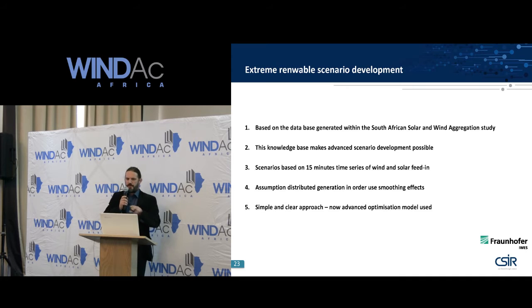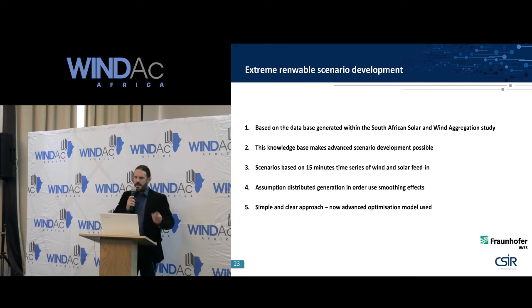The assumption we drew for the following analysis was that we use the smoothing effects throughout the country, so we distribute the installations quite well over the country. What we did was a very simple, straightforward approach, not doing advanced optimizations which may improve the results and give lower costs for the renewables, but we want a really straightforward approach which can be easily understood.